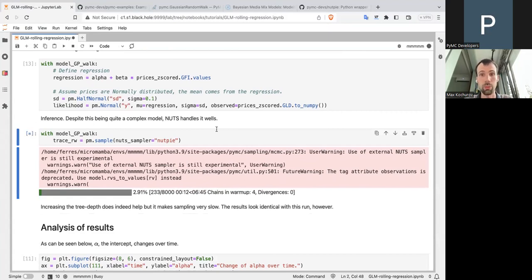And it translates the model to C++ using Numba. And with Numba, you can vectorize like a beast.